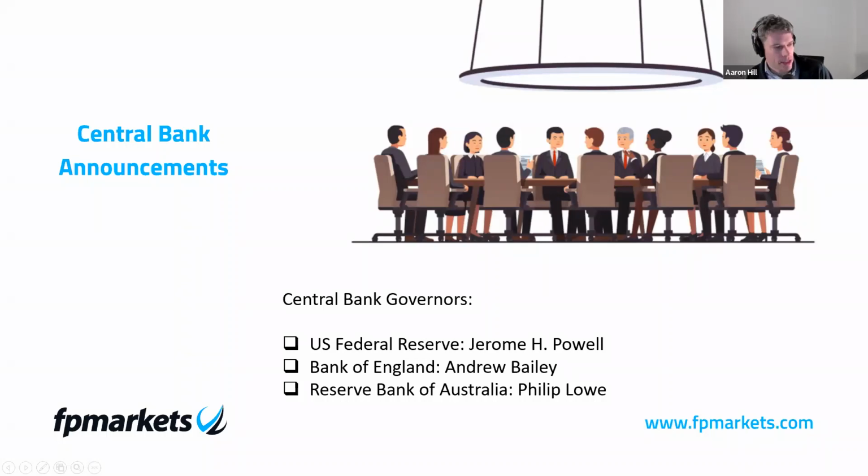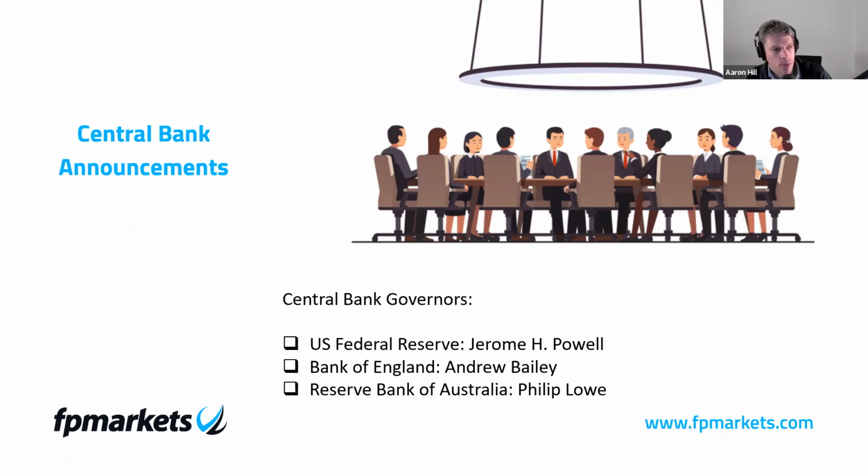Major central banks meet every 4 to 6 weeks. The Fed and the BOE, the Bank of England, are scheduled to meet every 6 weeks, so approximately 8 times each year, while the RBA, the Reserve Bank of Australia, meets 11 times each year. Trends or market direction is derived from the central banks.